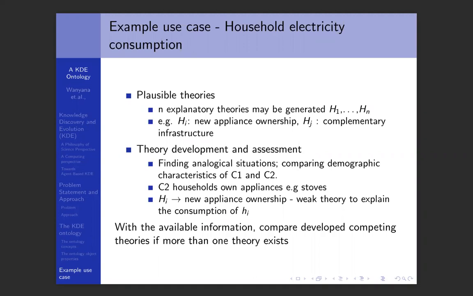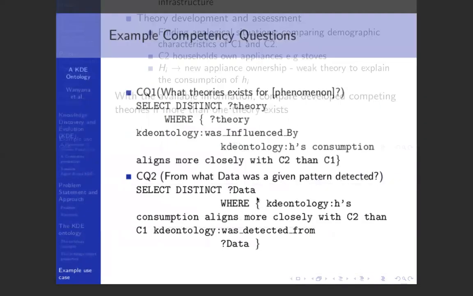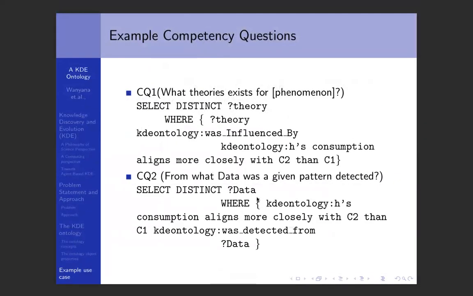All aspects of the theory construction and the phenomena that these theories explained are captured as part of the ontology, and all these details can be queried. So in this slide, we show 2 example competency questions that are answered based on the use case using SPARQL queries.